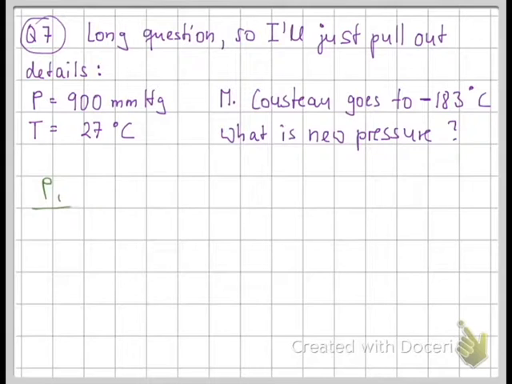P1 divided by T1 equals P2 divided by T2. We want to figure out what's the new pressure, so we have to solve this for P2. P2 equals P1 times T2 divided by T1. Convert your temperatures to Kelvin.